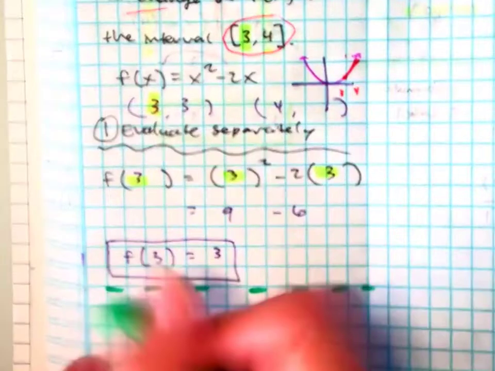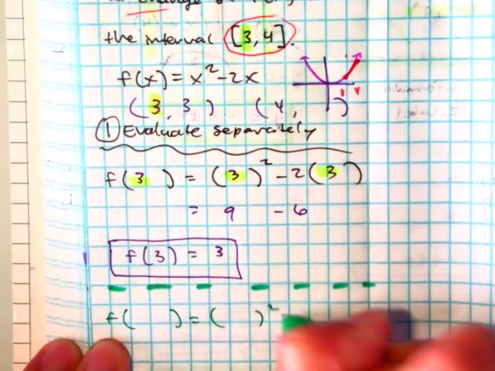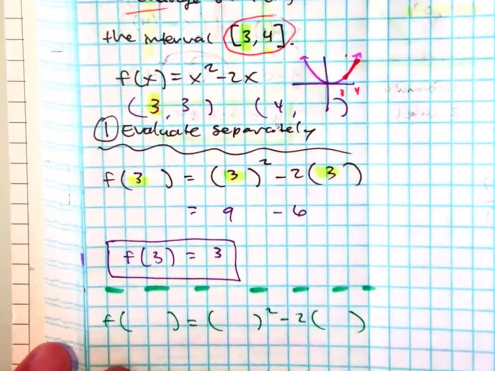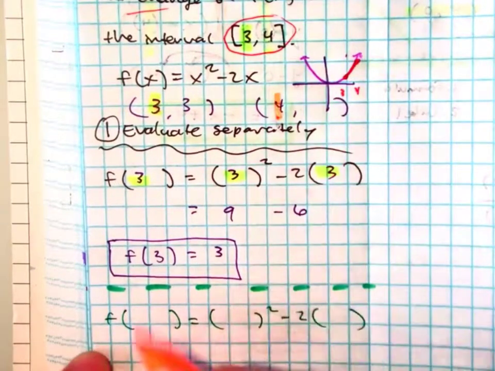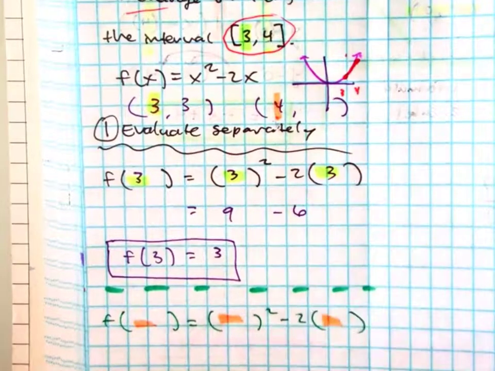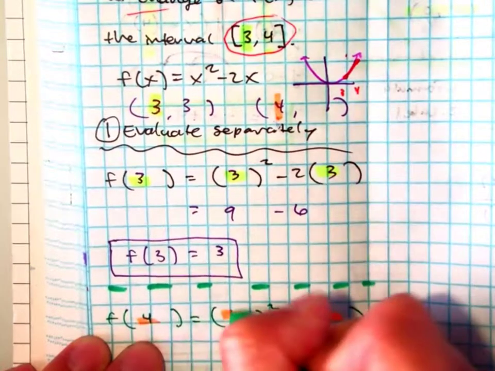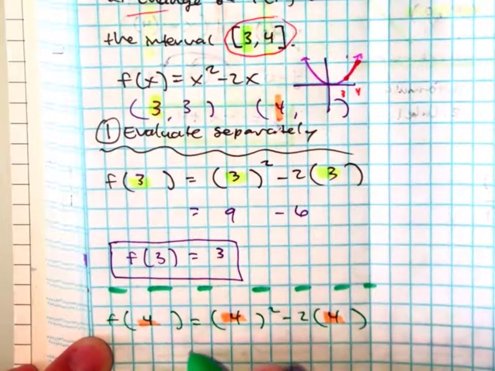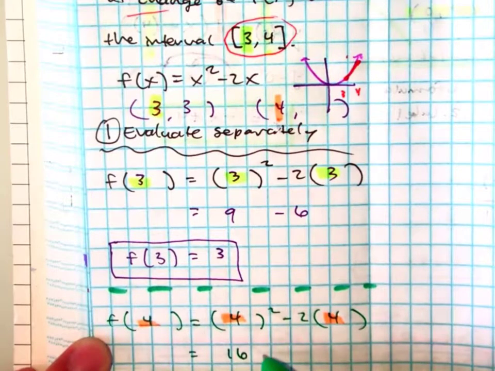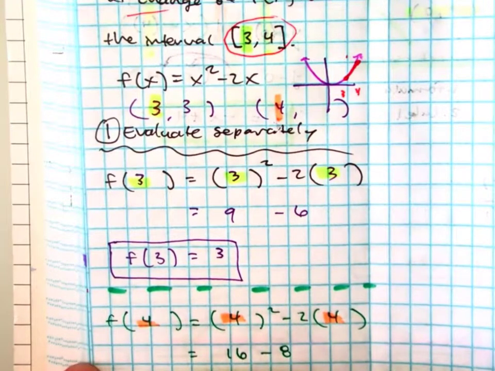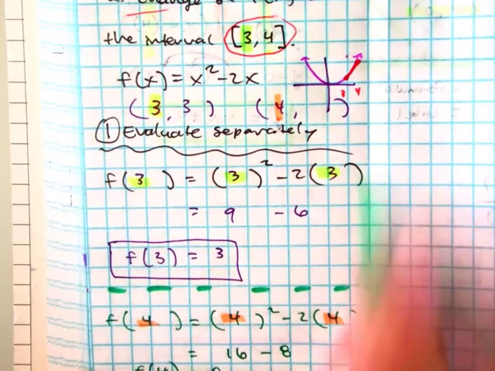Same thing, I'm going to put it into our function. Let's use orange. Now I have a 4. You can always use your calculator to verify. 4 squared is 16, negative 2 times 4 is negative 8, 16 minus 8 is 8, so f of 4 equals 8.